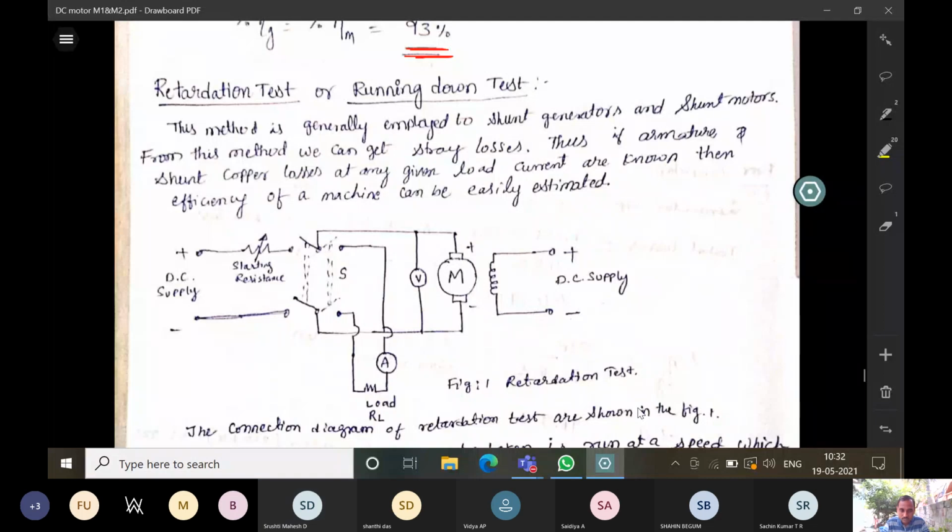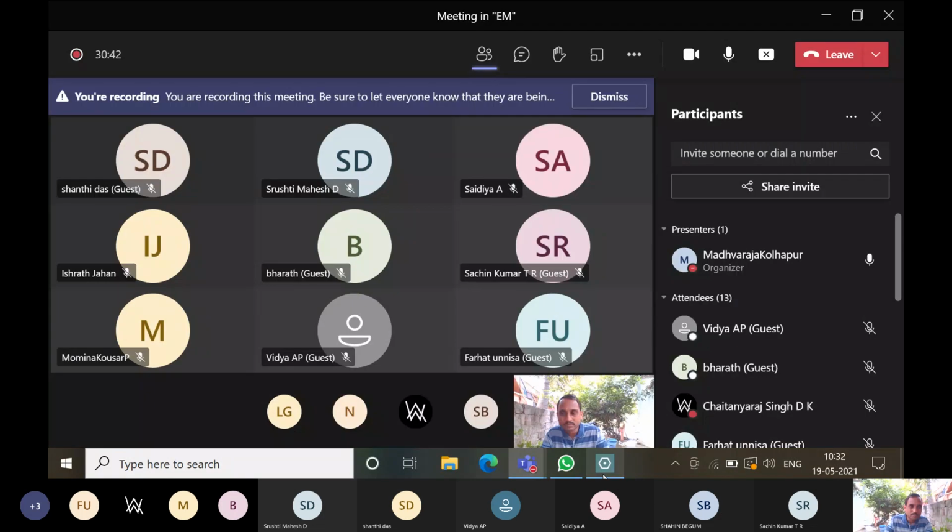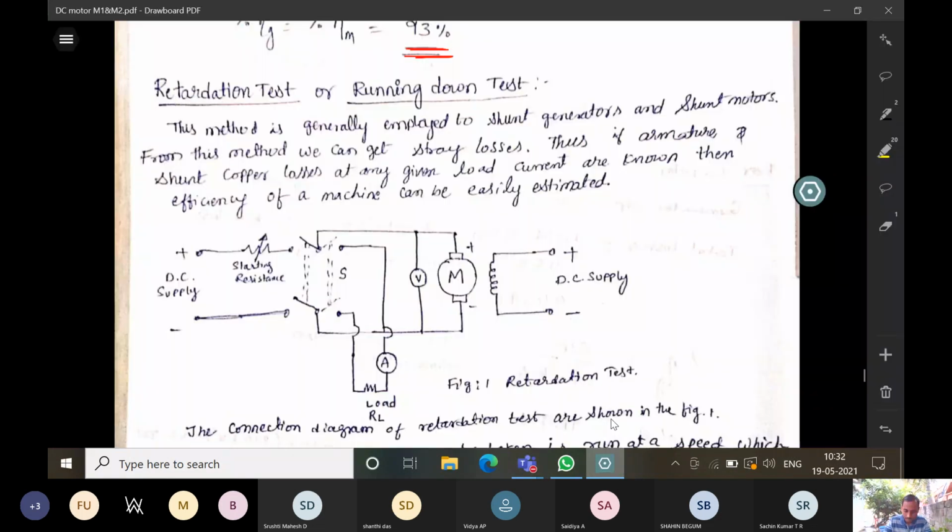You have not studied it in physics. Momina Kausar, what is retardation? Negative acceleration. Yes, negative acceleration is called retardation. So the retardation test is also called the running down test.